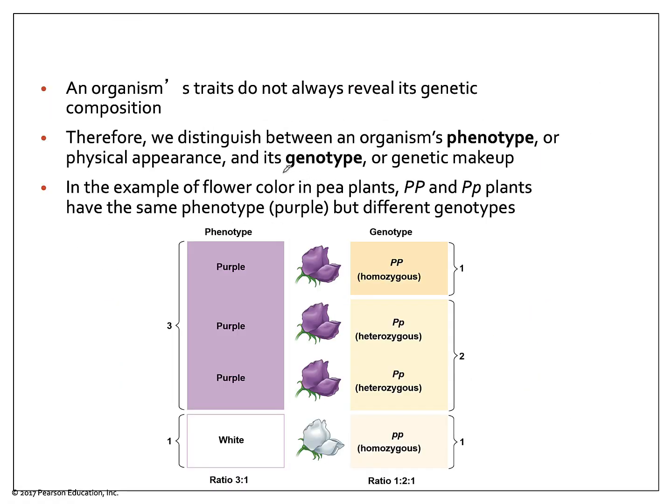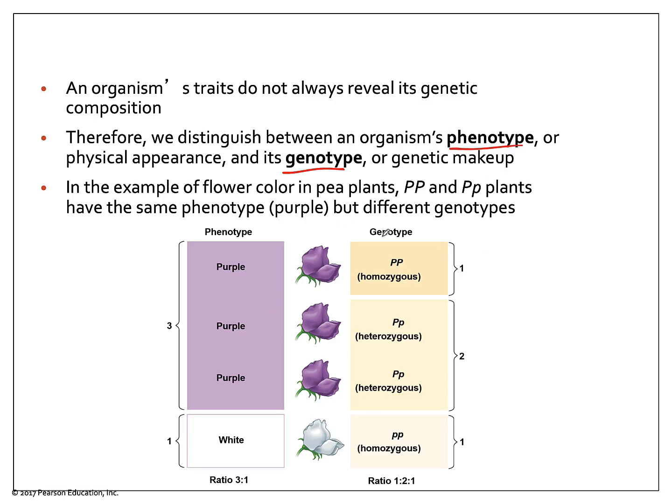We've already seen that the genotype is the actual alleles, the genetic makeup, and the phenotype is the physical appearance. We can always go from genotype to phenotype. Given the genotype of an organism, it's easy to decide what the phenotype is going to be because we know the genetics. You cannot always go from phenotype to genotype.